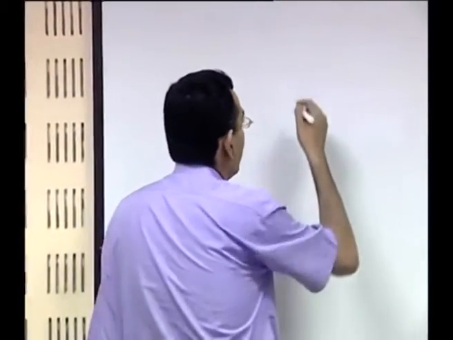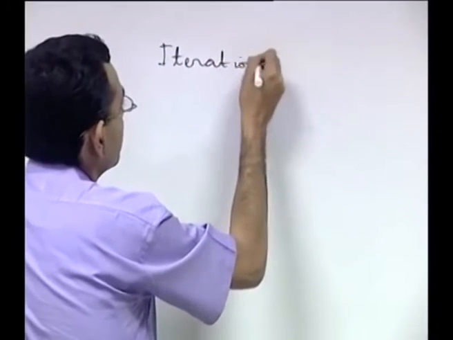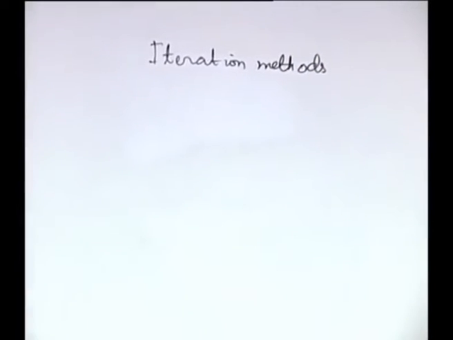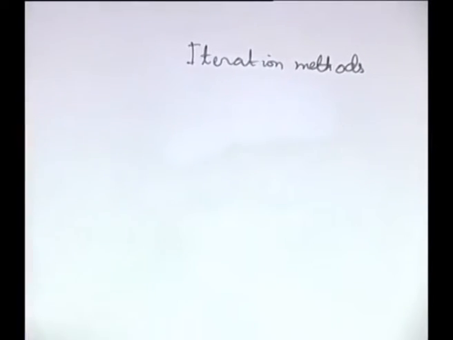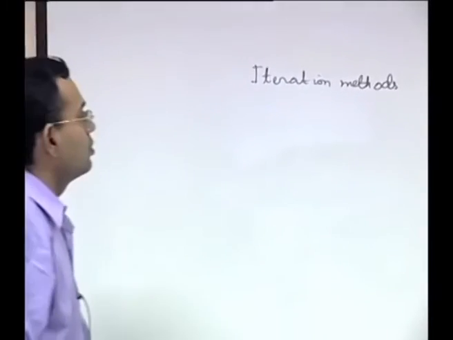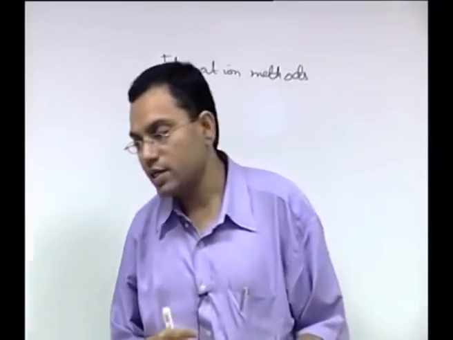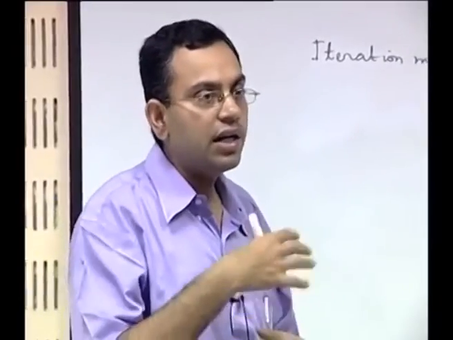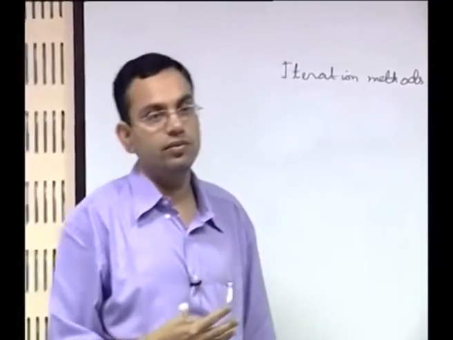Now next we will go on to the iteration methods. What is the basic philosophy of the iteration methods? You start with an initial guess for the solution and iterate on it till you get a final solution which is a converging solution.